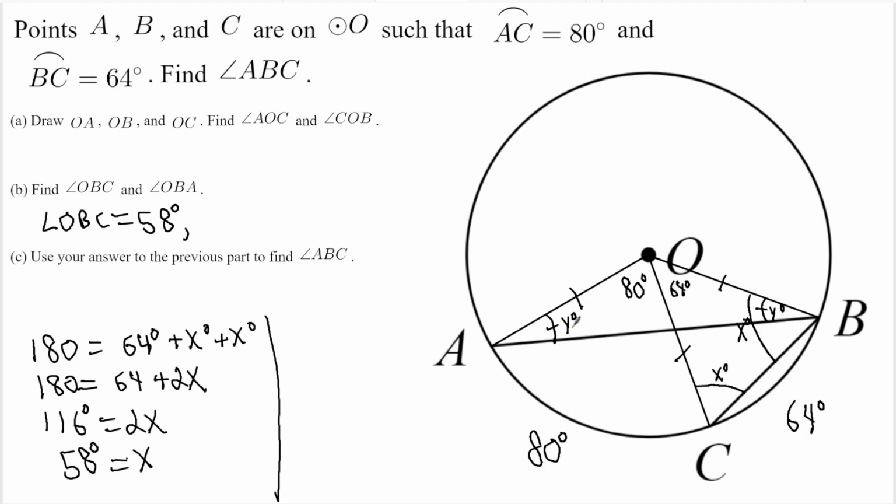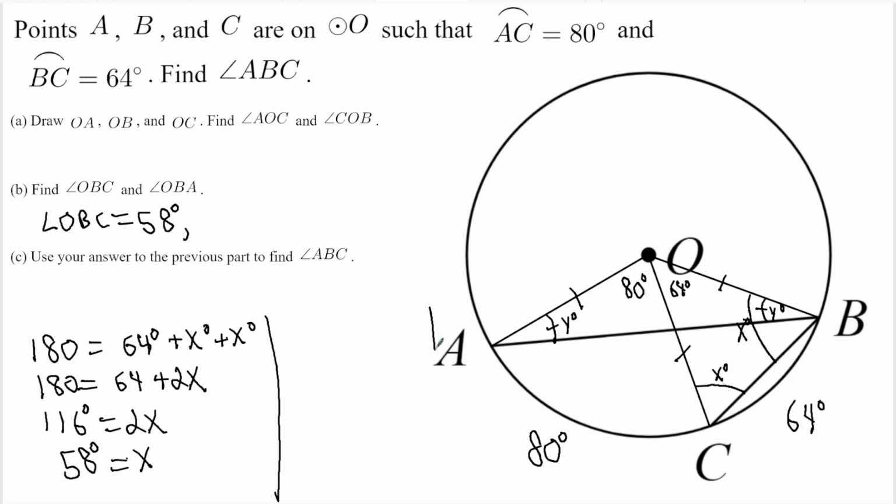And that top angle, the vertex angle, would be equal to 80 plus 64, which gives us 144 degrees for that angle AOB.